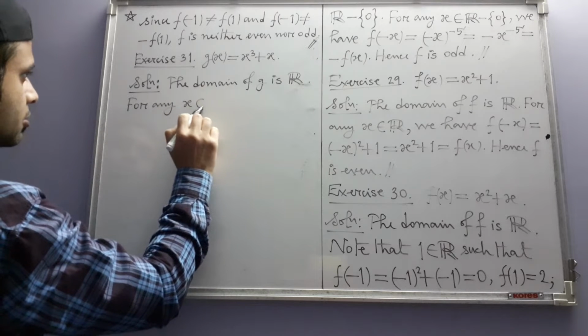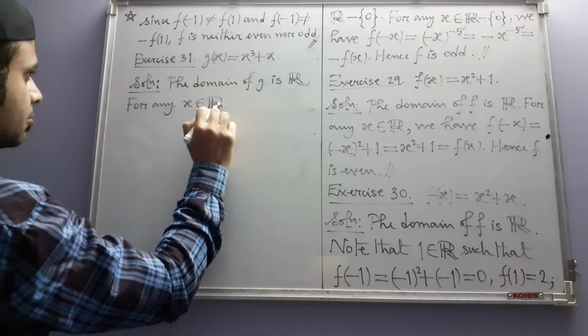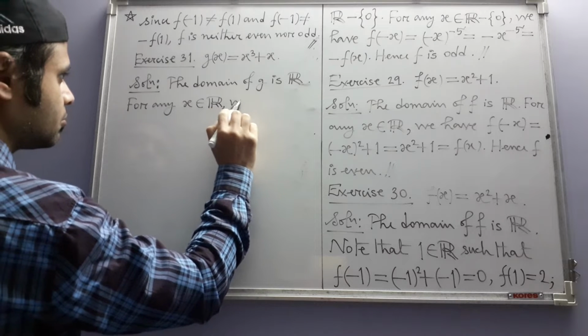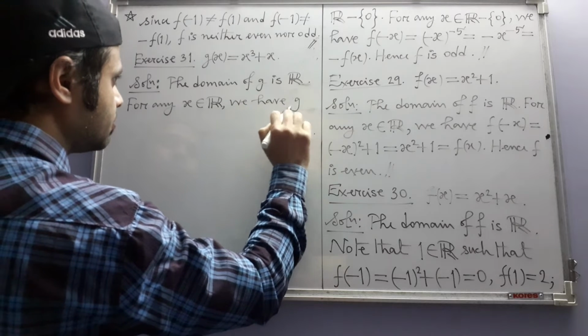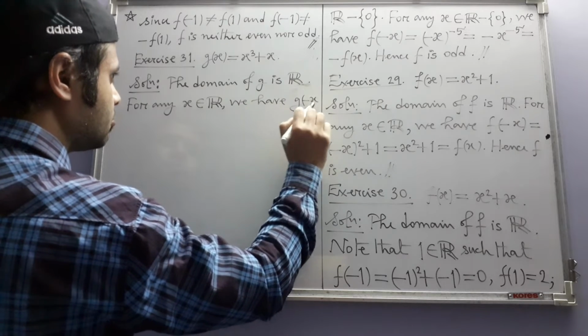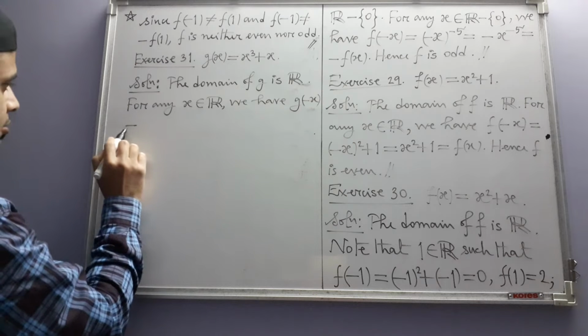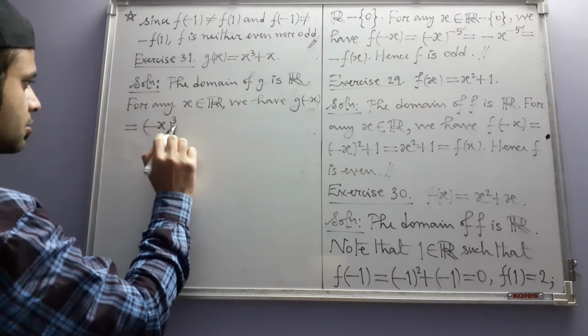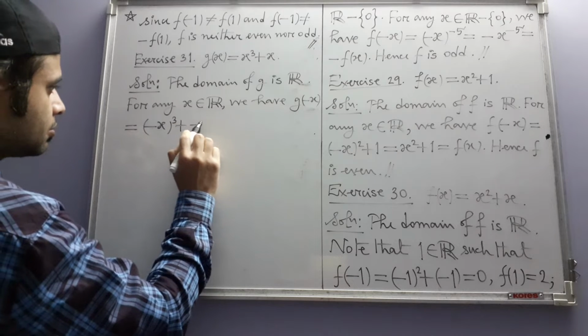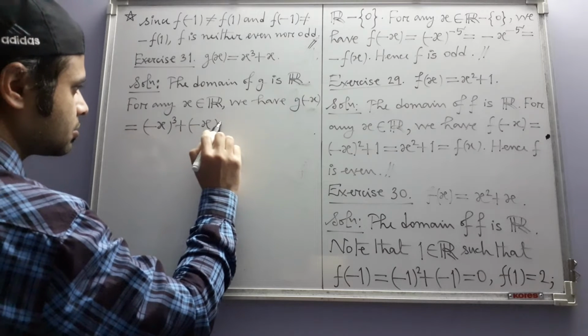For any x belonging to the domain, we have g of minus x equal to minus x whole cube plus minus x.